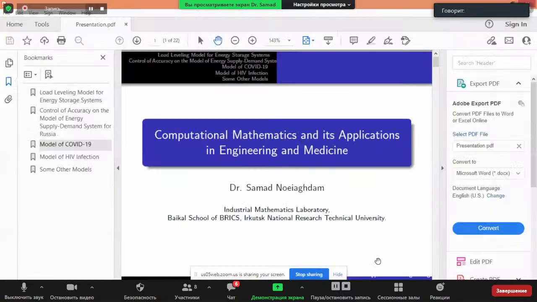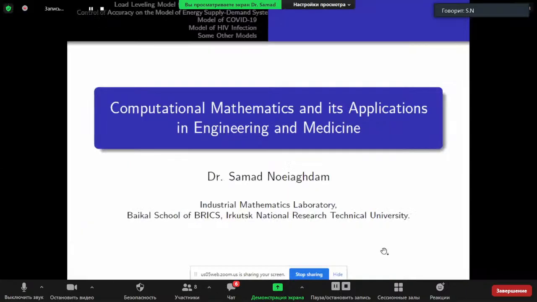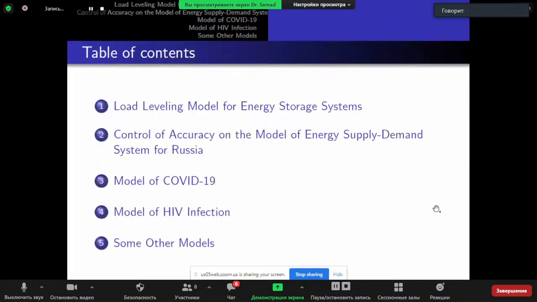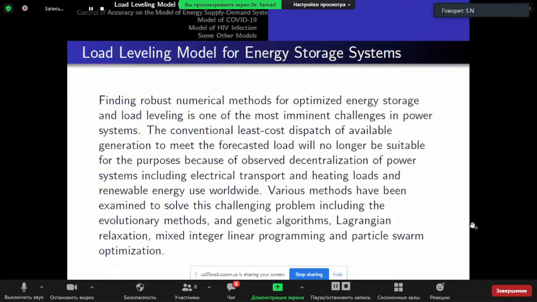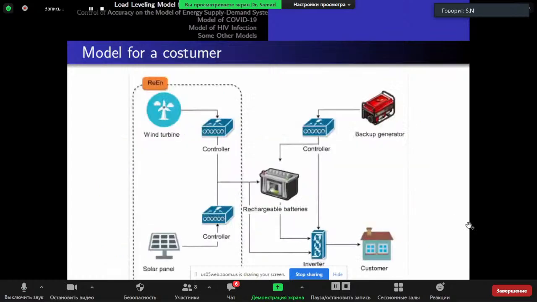Now, what about my main topic? I want to talk about computational mathematics and its applications in engineering and medicine. Here, I talk about 2 engineering models and 2 models related to medicine. About the engineering models, I talk about models related to energy systems and power engineering. Here we can see the models.